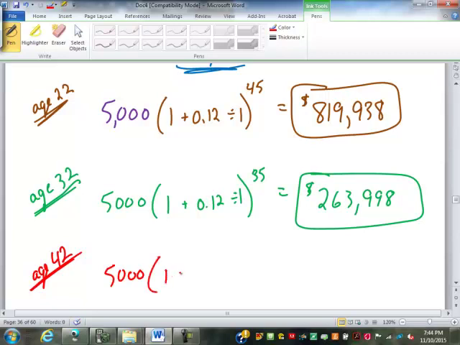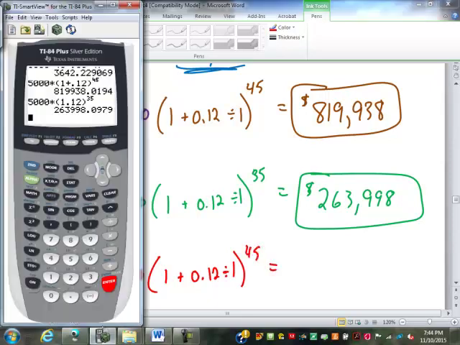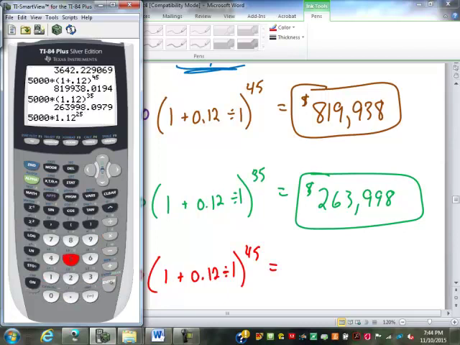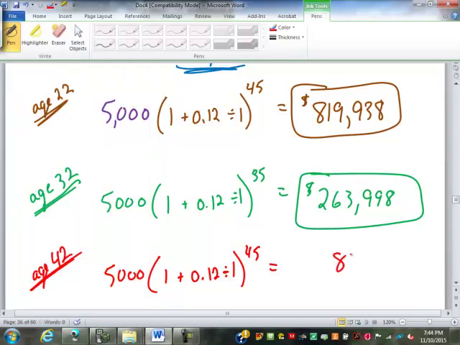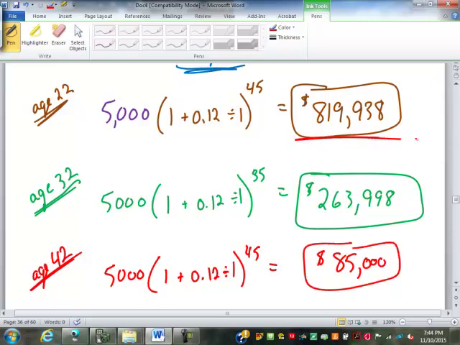If I put away that $5,000, assuming I can get 12%, anybody want to guess? Here we go. I get $85,000. By waiting till 42, I get about 1/10 as much out of it.